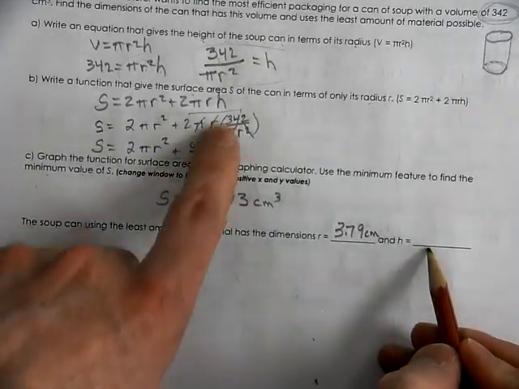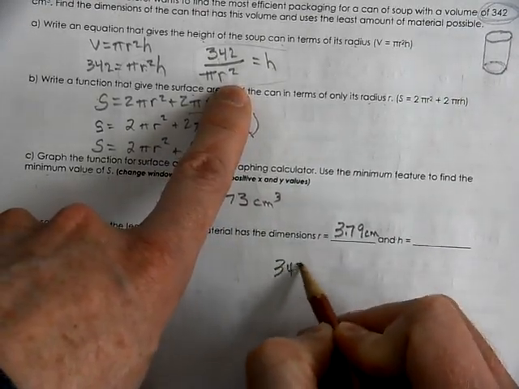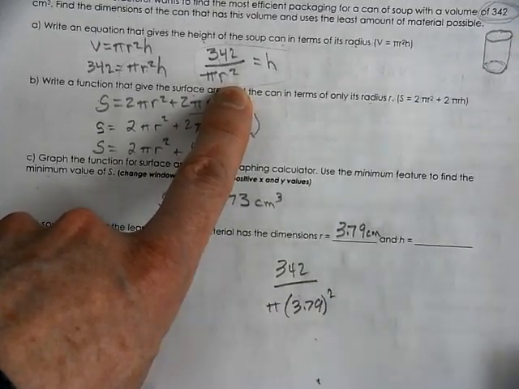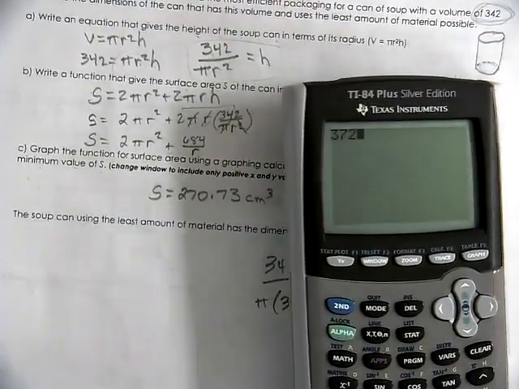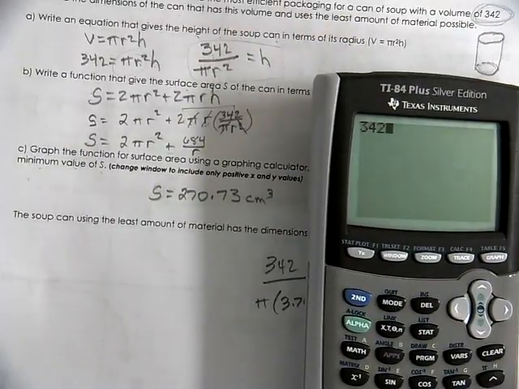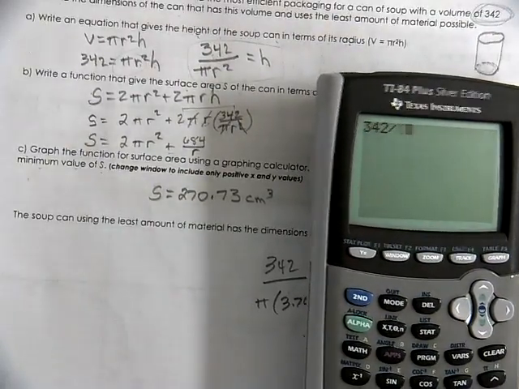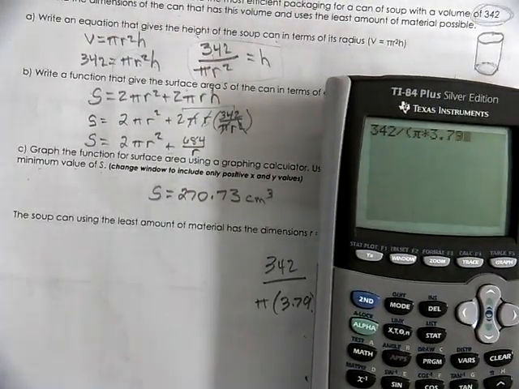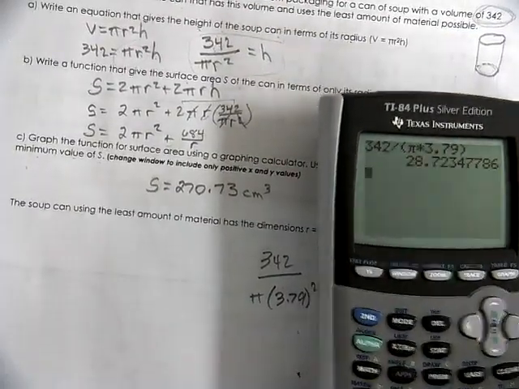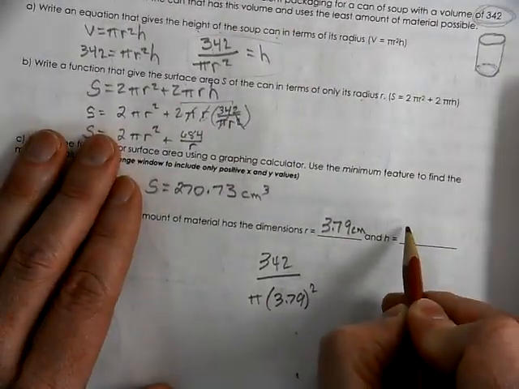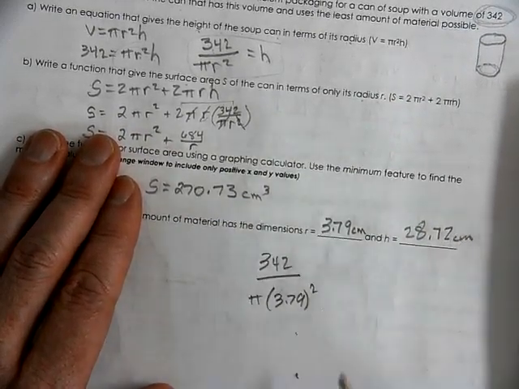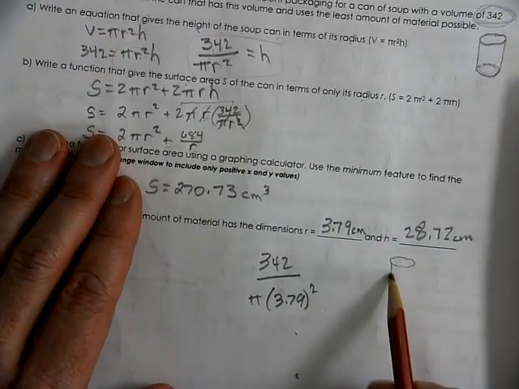Now we've got to figure out our height. 342 divided by pi times 3.79 squared. Let's put that in parentheses to be sure our order of operations works out just fine. The height is 28.72 centimeters. That's going to be a pretty narrow can.